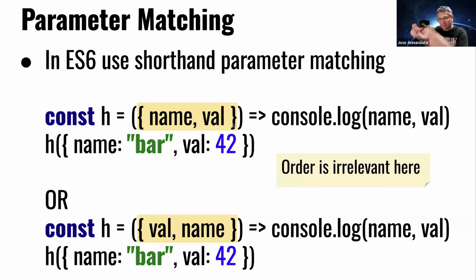So it assigns to the local constants name and value the values of the object properties that they're assigned to. Now we don't have to use the name of the object that it's declared in. We can just use the names of the properties themselves.